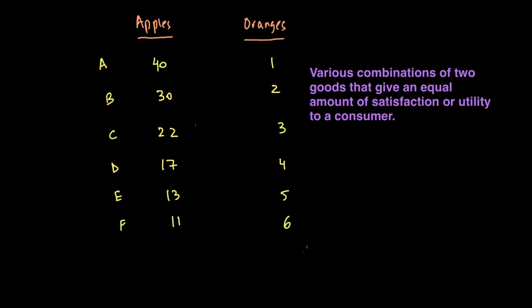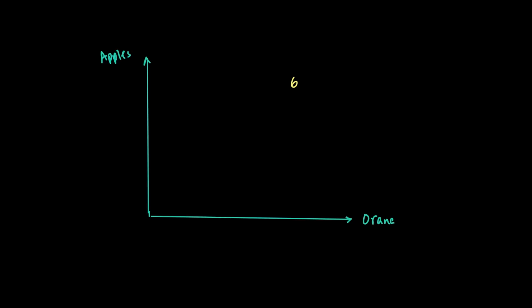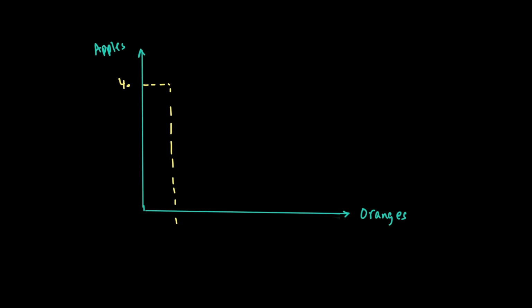Let's say on my y-axis I have apples, and on my x-axis I have oranges. We can look at the values, where one value was, for example, 40 and 1. Another value was 30 and 2.